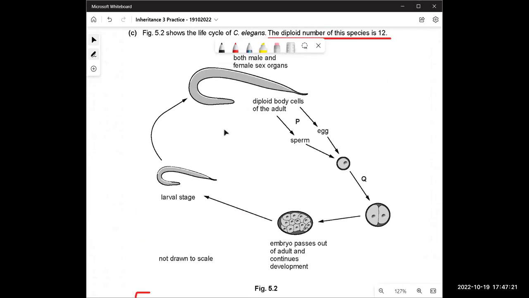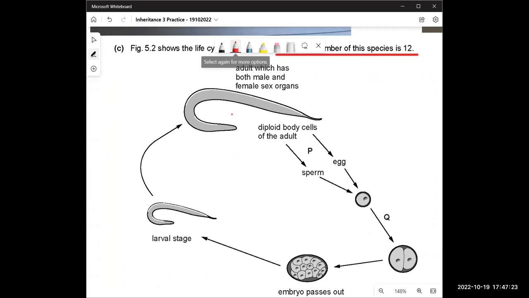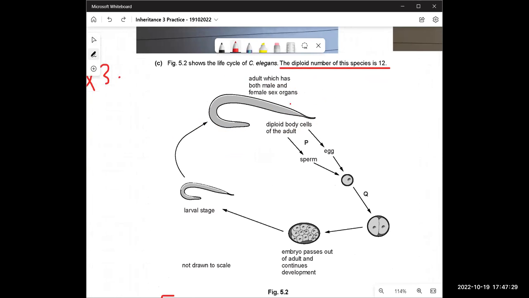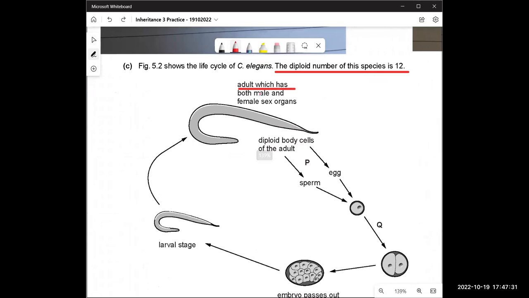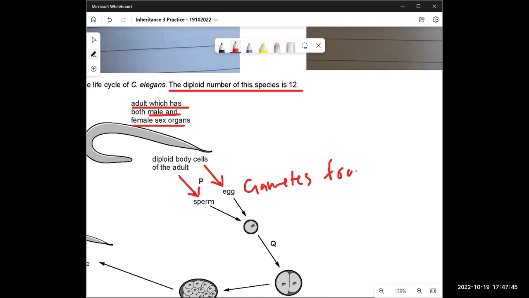Okay, first look over here. Can you see this organism right here? Now this adult has both male and female sex organs, and from the same organism I'm getting the egg and the sperm, the gametes. So gametes are from the same organism. Now you cannot just solve questions and learn.